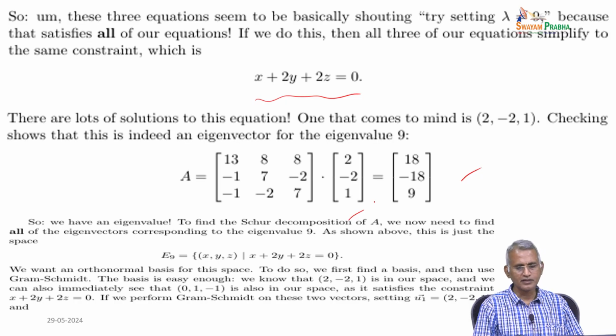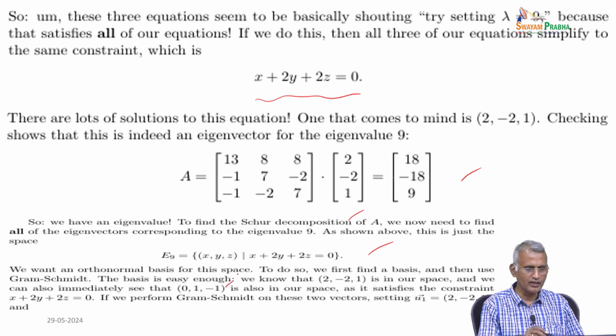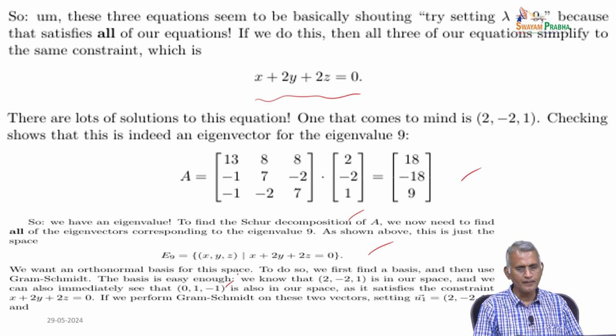Now, for the Schur decomposition, the eigenvector corresponding to the eigenvalue satisfies x plus 2y plus 2z equal to 0. So, we find an orthonormal basis for this space. The basis is 2, minus 2, 1, which we already have taken, and immediately another vector, 0, 1, minus 1, which satisfies the constraint x plus 2y plus 2z equal to 0.